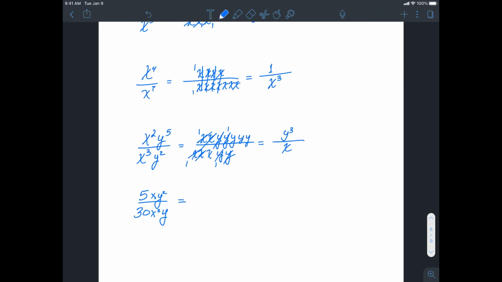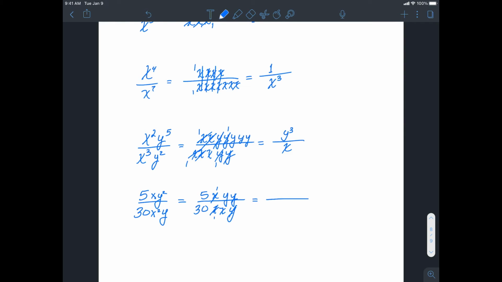And finally, this last example. So this would be 5x times y, and 30x times x times y. Now, in addition to simplifying the variables, which we could do by dividing out 1 x and 1 y, 5 divided by 30 is the same as 1/6.